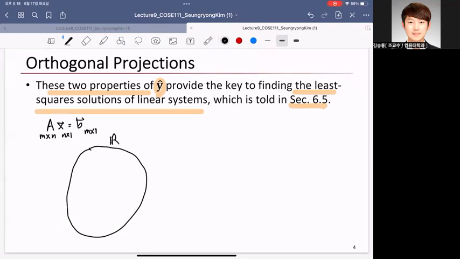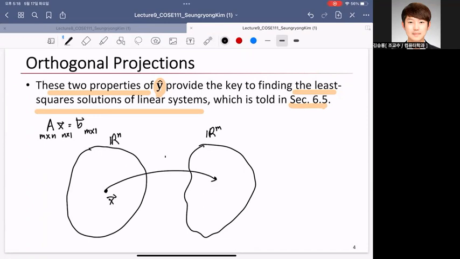Ax is going to be the linear transformation from Rn to Rm space, x to Ax.